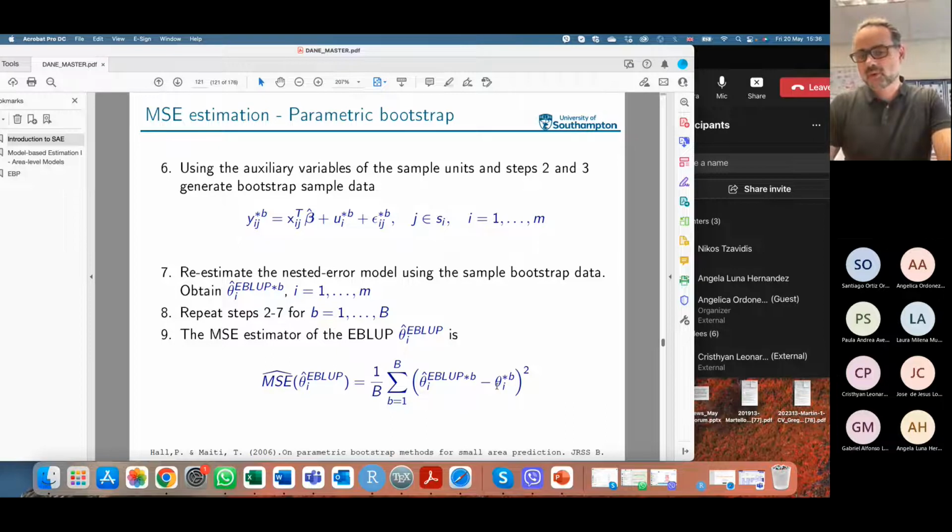Hopefully all of this will capture the uncertainty, because theta hat EBLUP star b is re-estimating the beta hats, but also the sigma squared u and sigma squared epsilon. So the variance components are re-estimated again using the bootstrap sample that you generate in step 6.